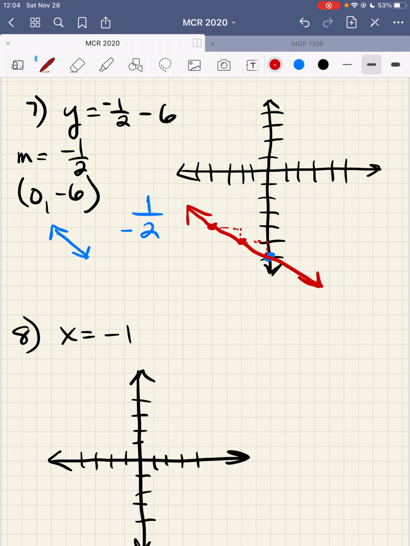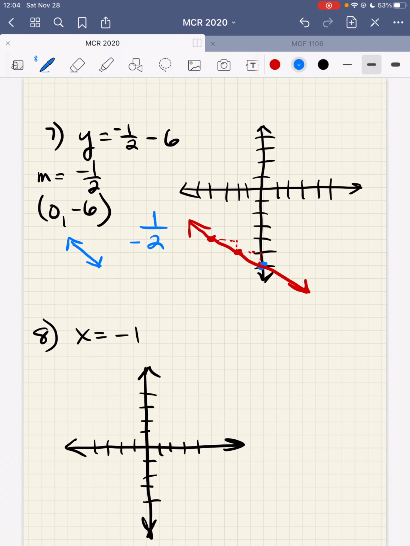The last one, I have x is equal to negative 1. Notice here I have no y value. This is one of our special lines that we talked about. Our special lines only go 2 directions: they either go horizontally or they go vertically. This equation tells me that x must be equal to negative 1, so I can use that intercept right there.